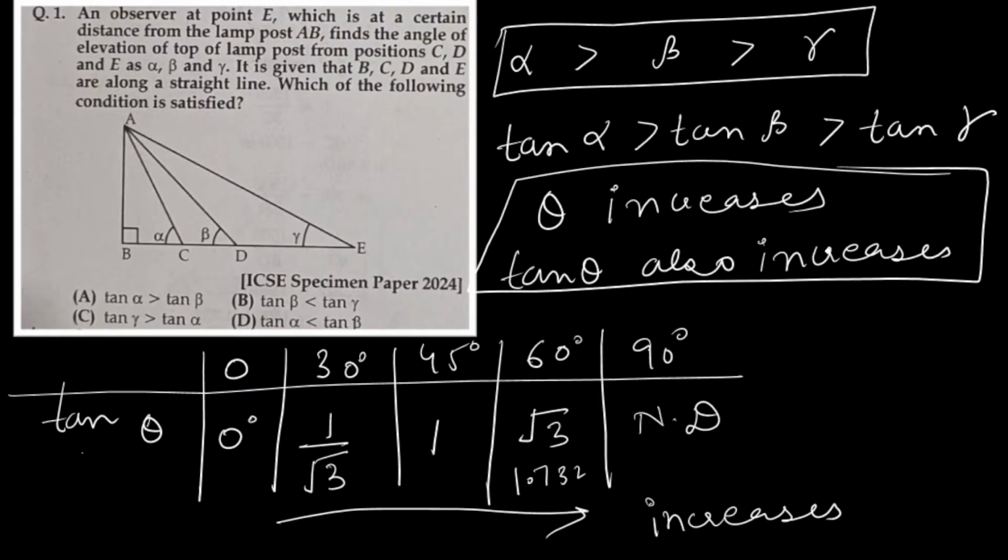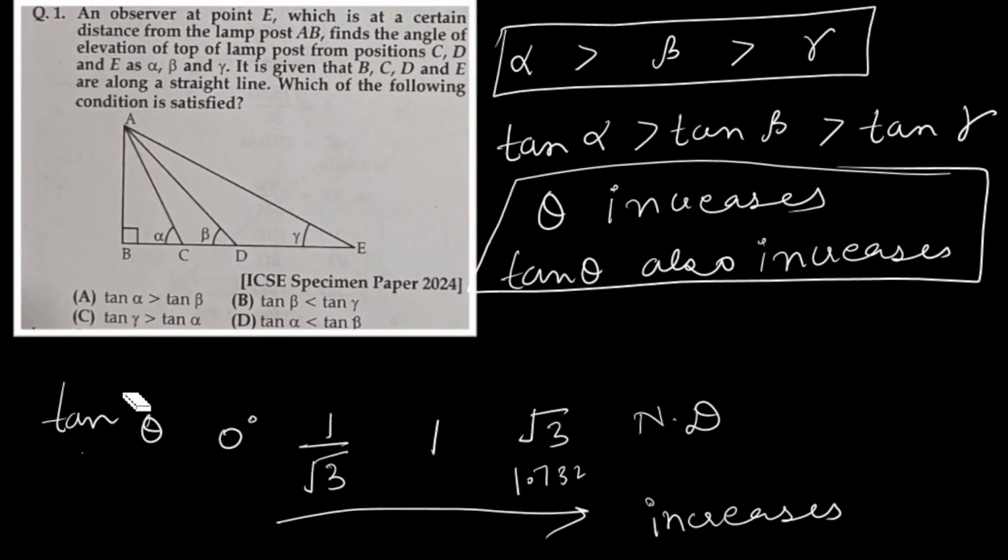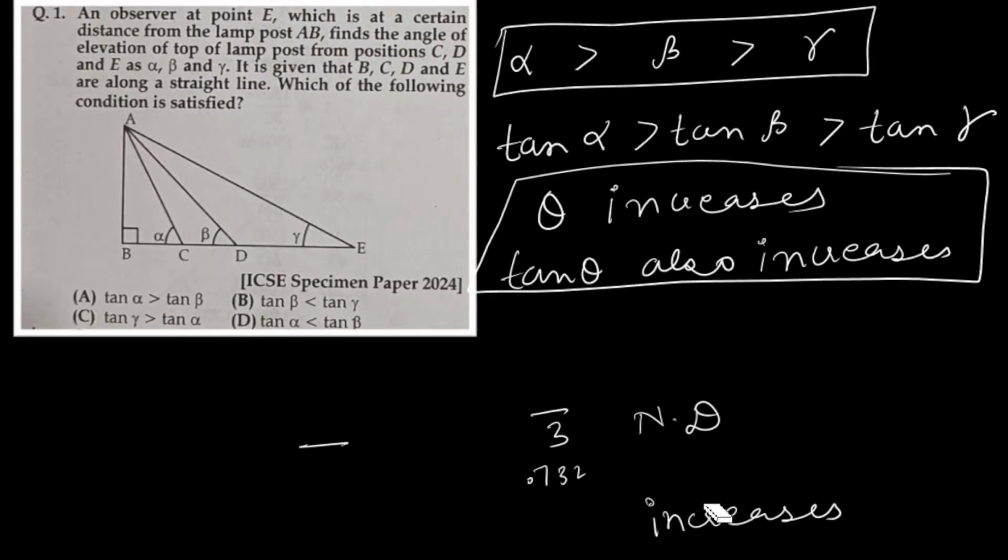This might not happen if some other ratio is given. Suppose sin theta is given. There might not always be tan given in the answer. So if sine is there, you always think about the standard angles.